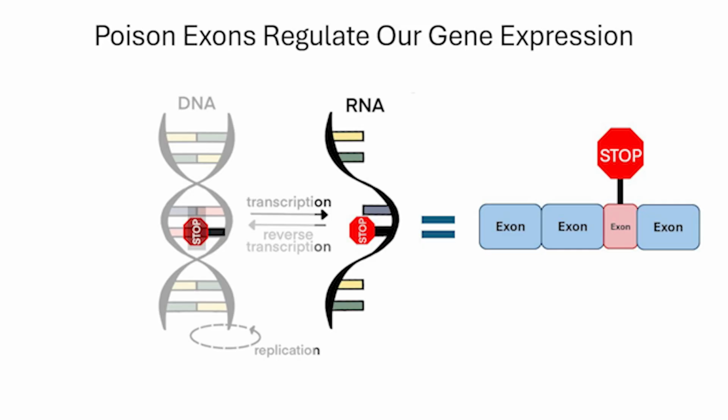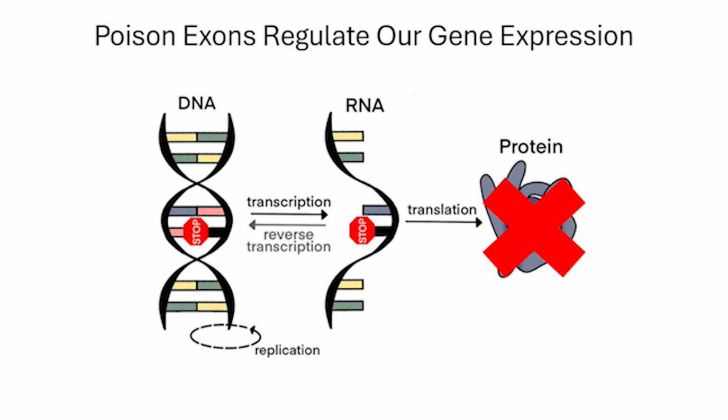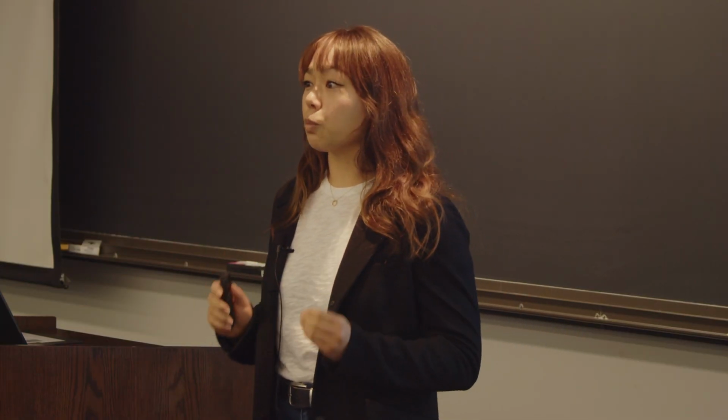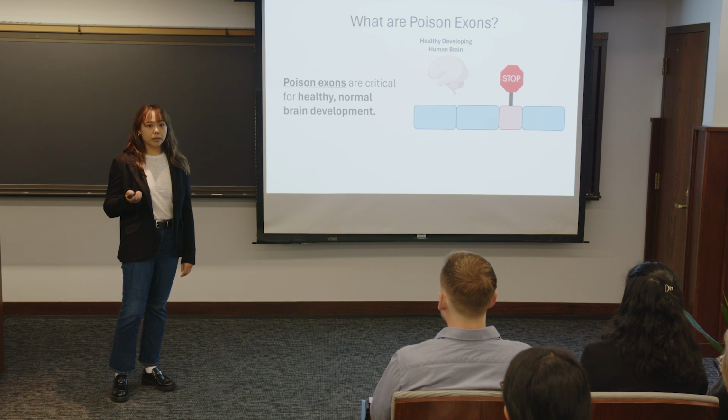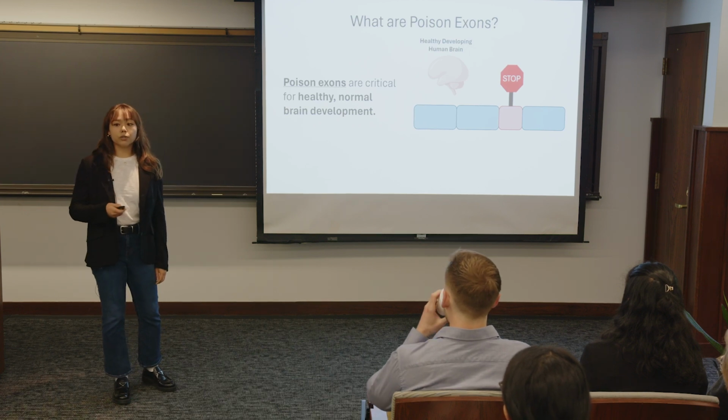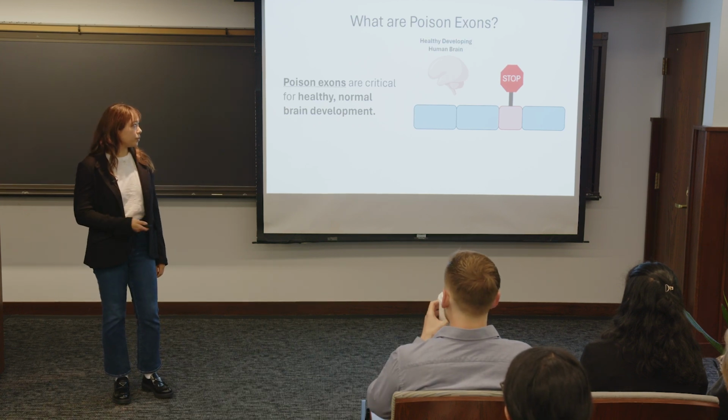So this will tell the biological machinery that reads the RNA to not create protein. You can see how this could be a good way to fine-tune and orchestrate really complex biological processes like human neurodevelopment. Poison exons are critical for normal human neurodevelopment.